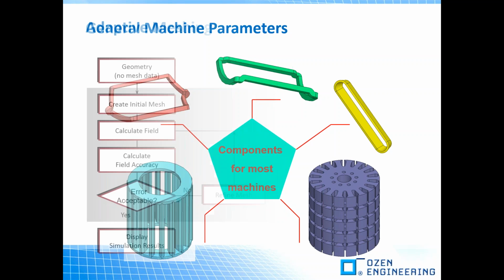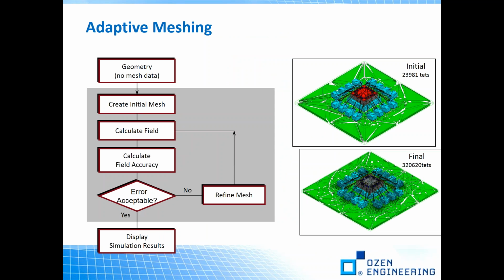having the CAD file of your geometry. And one of the other advantages of Maxwell is that you have the adaptive and automatic meshing, so you don't need to be worried about mesh. It starts with the initial mesh from the geometry, as you can see here, and it calculates the field and the field accuracy.